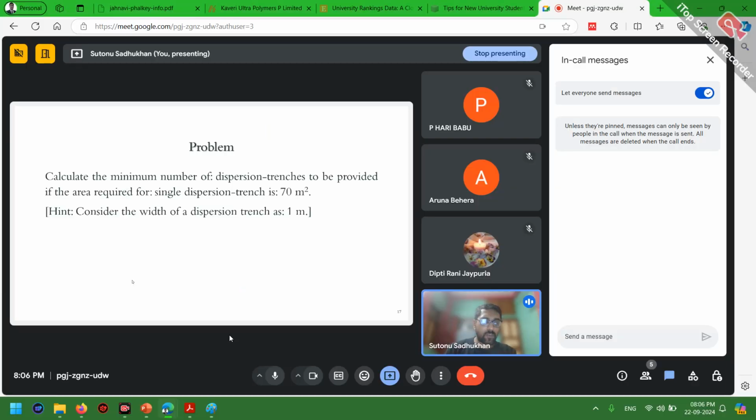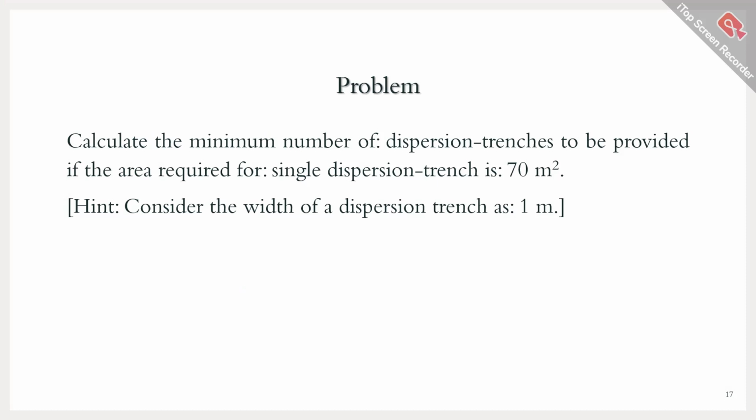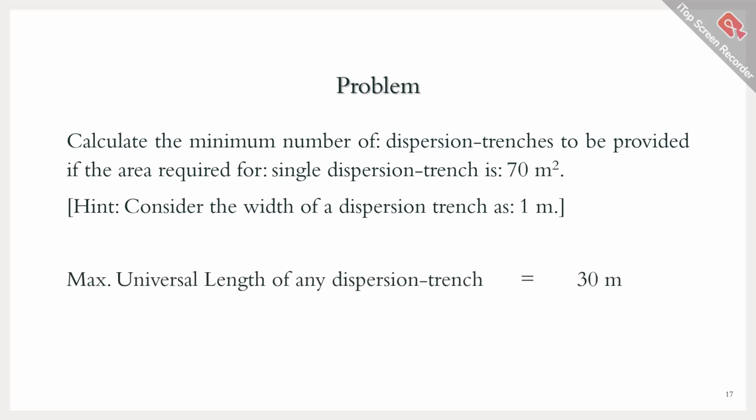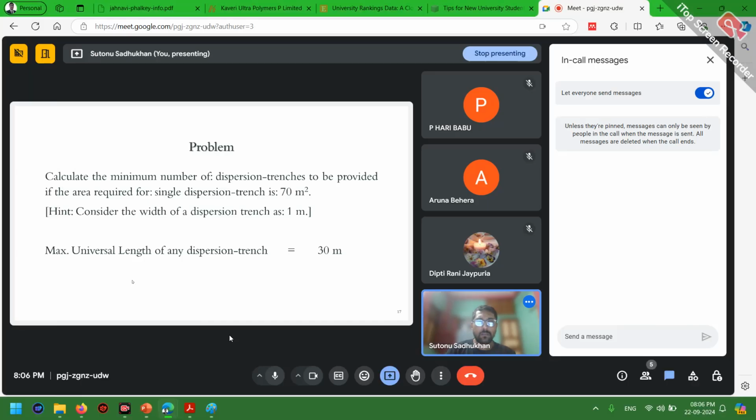There is some memory-based data that you have to remember here. I'll proceed with the solution if you don't remember. The maximum universal length of any dispersion trench is 30 meters. Given means you have to remember this.